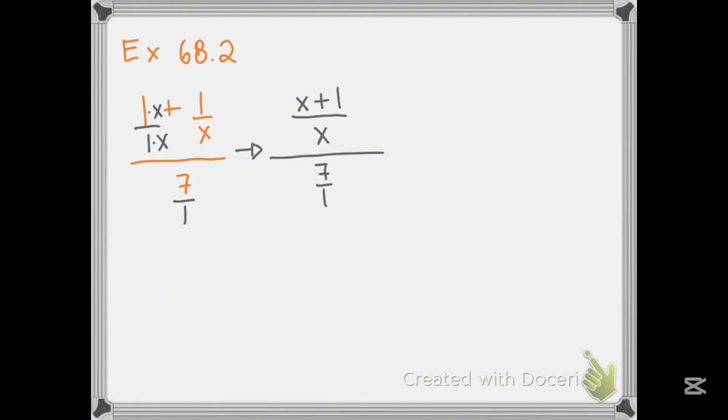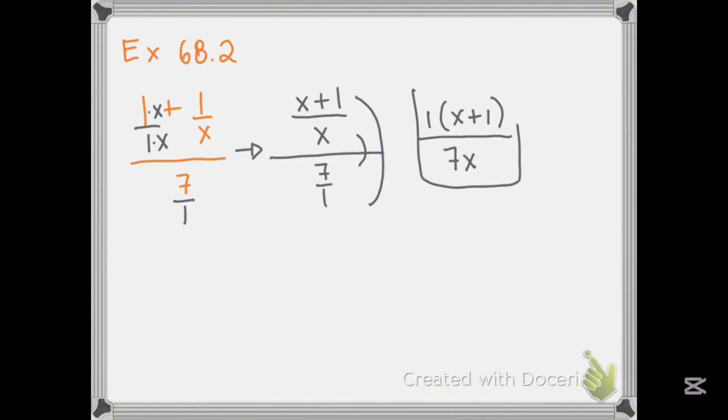And again, I have now a fraction of fractions, so I can divide. So it's going to be 1 times x plus 1, and then on the bottom we're going to have 7x. Notice that in this case we cannot simplify, so that's all we can do, and that is our answer.